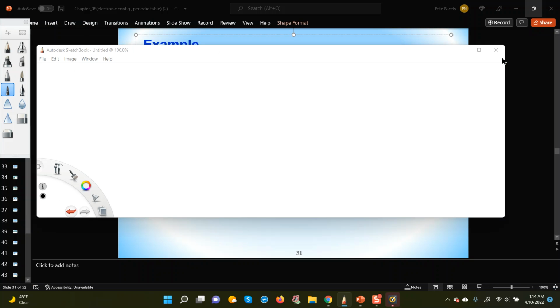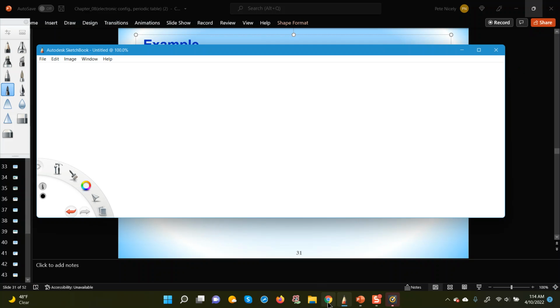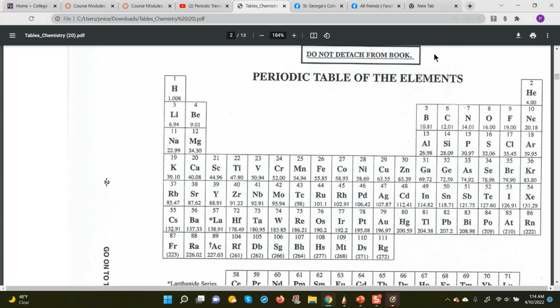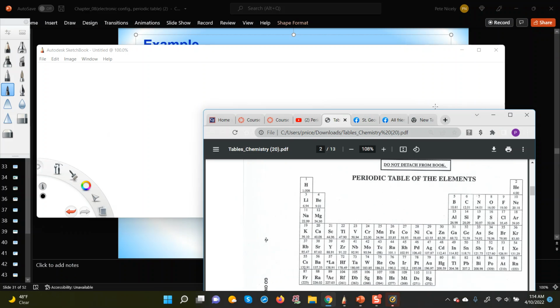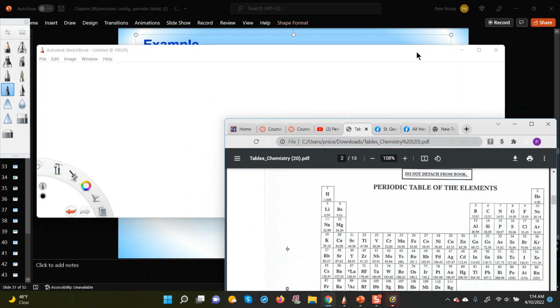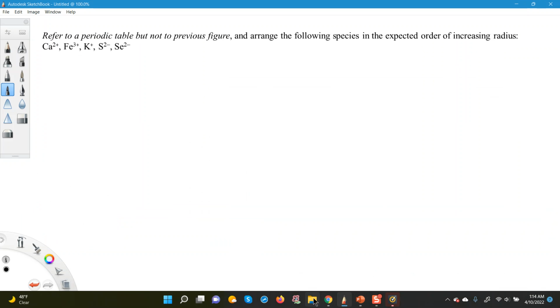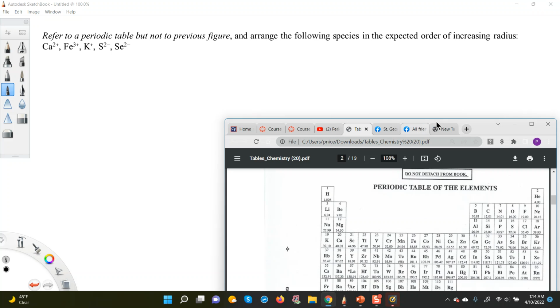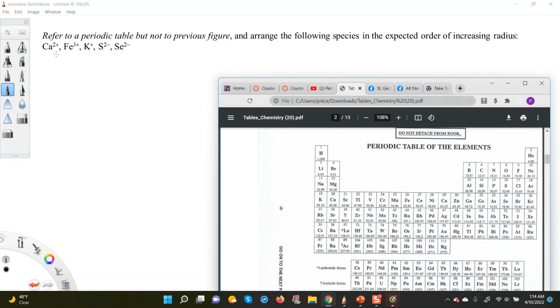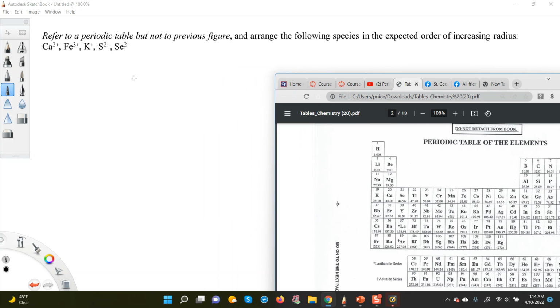I'm going to bring forward the periodic table, make this smaller so we can have it to refer to. Okay, so the question says refer to a periodic table, but not the previous figure, and arrange the following species in the expected order of increasing radius.